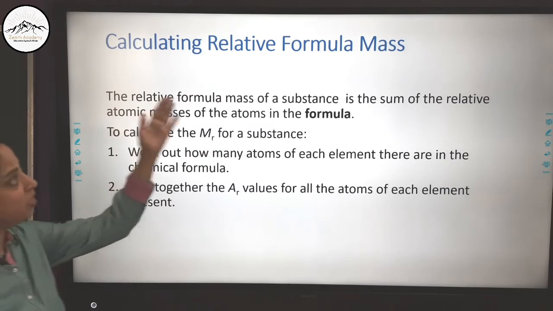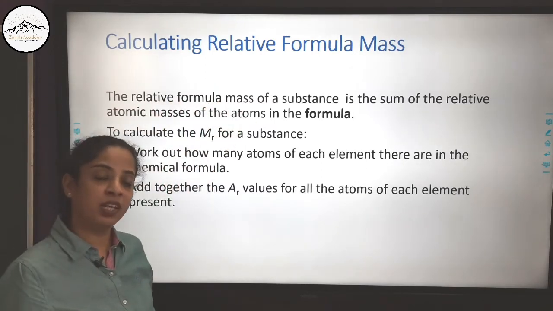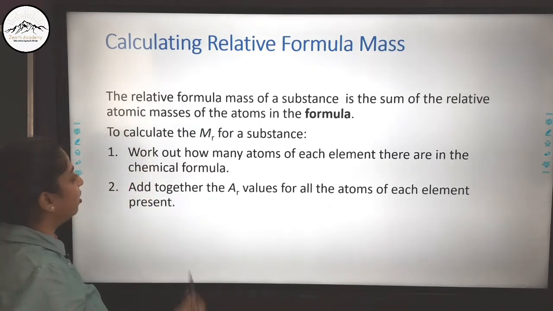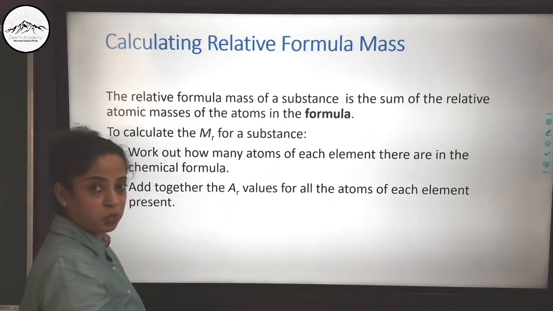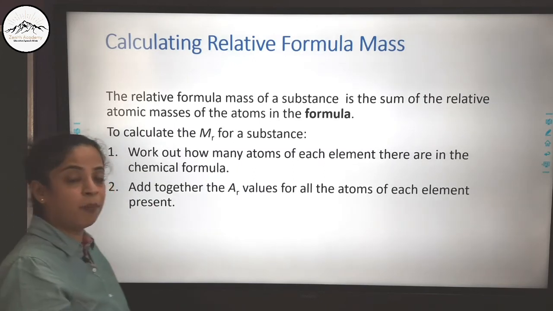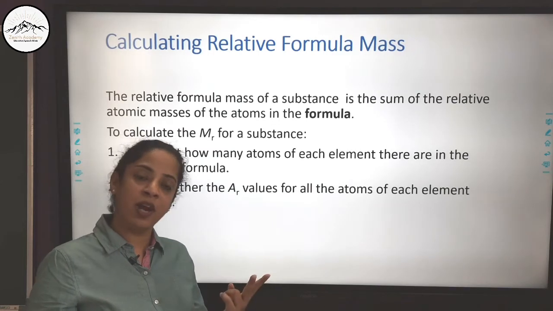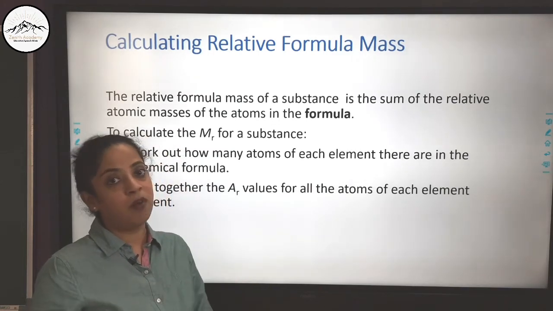Now, calculating relative formula mass. Let's see how we can calculate this relative formula mass or relative molecular mass. To calculate this, we first have to work out how many atoms of each element are there. For example, water, H2O. In H2O, there are 2 atoms of hydrogen and 1 atom of oxygen.